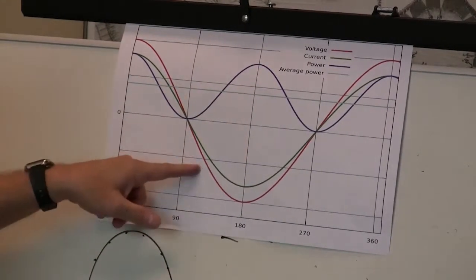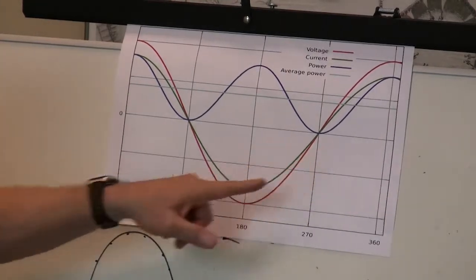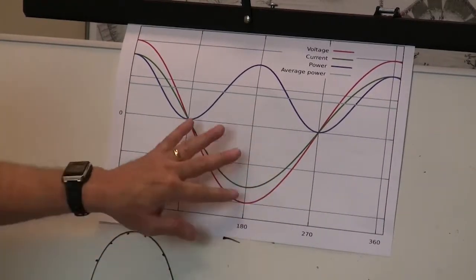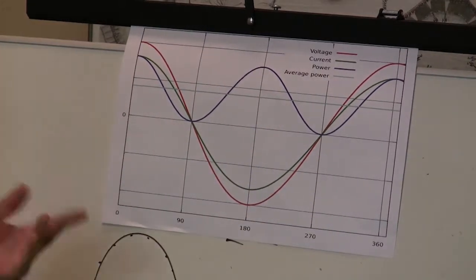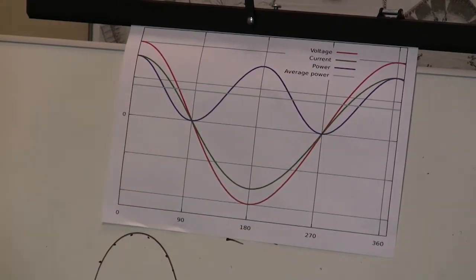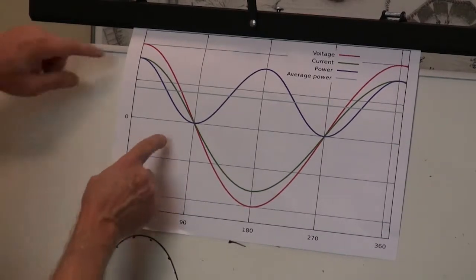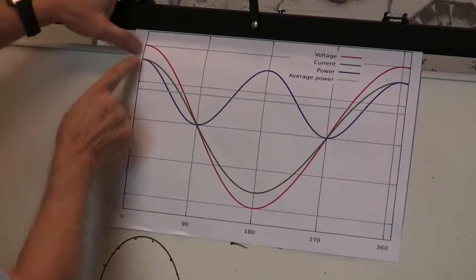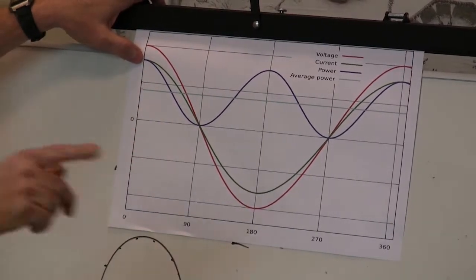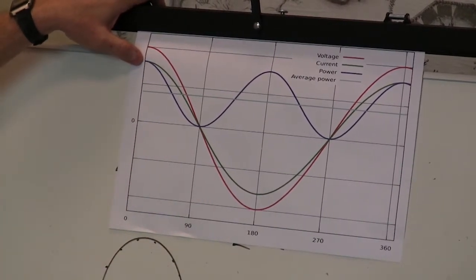The red line is voltage. The green line is current. Remember, voltage and current are related by Ohm's law, E equals IR. So if we watch this, as the voltage is up here, positive, the current is flowing in some direction. The amount of current depends on the resistor.